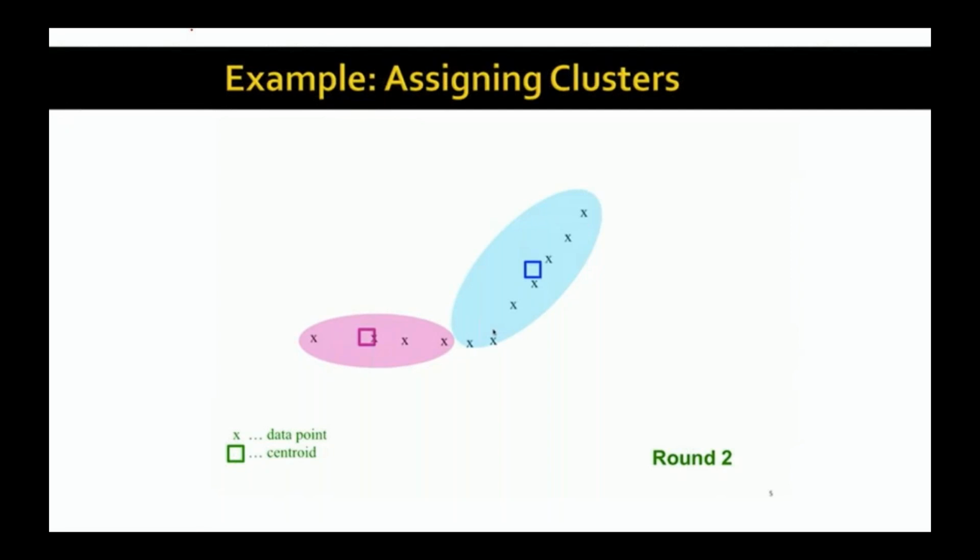Now that we have the new clustering, I'm going to recompute the centroids once again. And when I recompute the centroids, the centroids migrate further. And because the centroids are migrated further, I have to recompute the assignment of points to the centroids again. And when I do that, these two points here then are closer to the pink cluster, so they move to the pink cluster, and we end up with the clustering shown here at the end of round three.